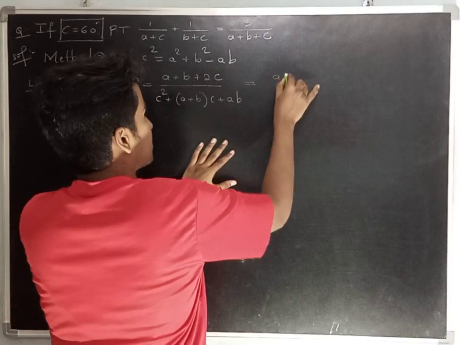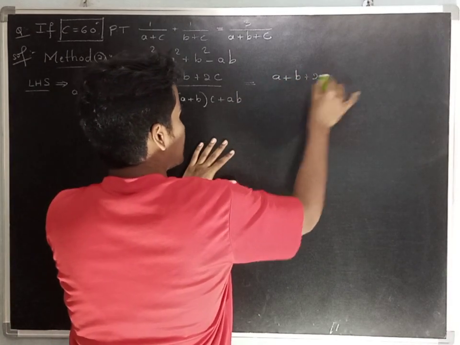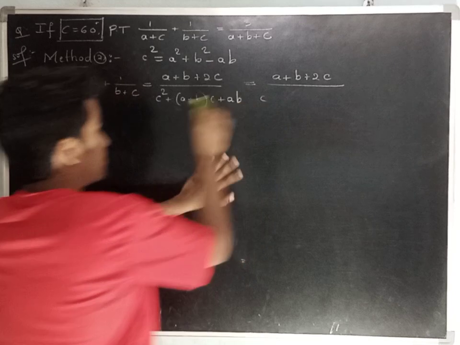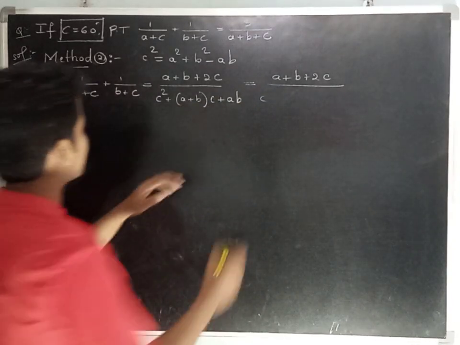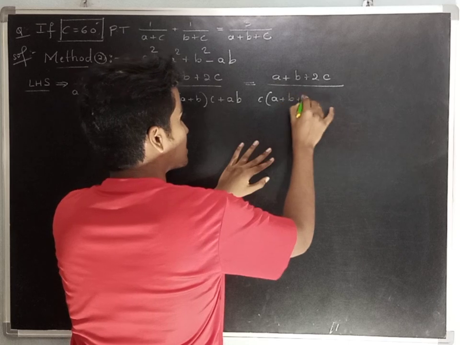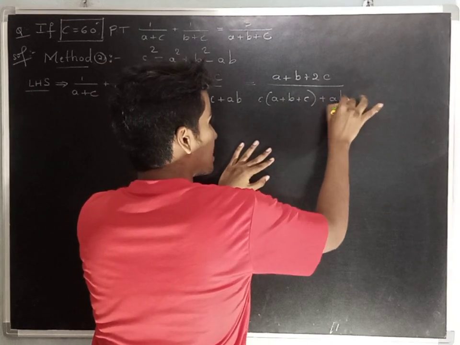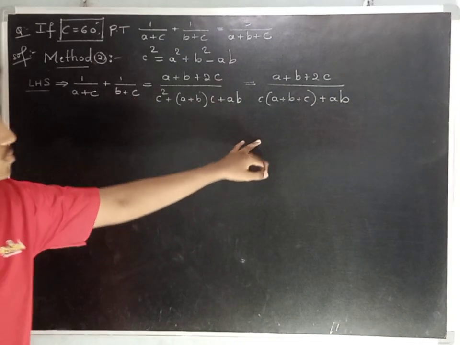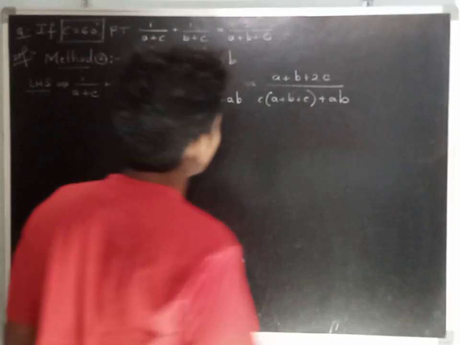Further, a plus b plus 2c by, from these two, let me take c as common, c into a plus b plus c plus ab.